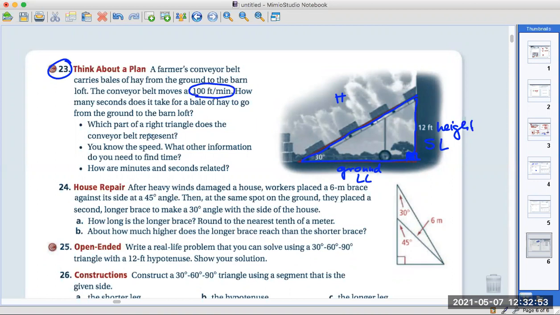This is a rate. How many seconds does it take for a bale of hay to go from the ground to the barn loft? So first, which part of the right triangle does the conveyor belt represent? You guys answer that. Next, you know the speed. What other information do you need to find the time? You need to know the length of conveyor belt.